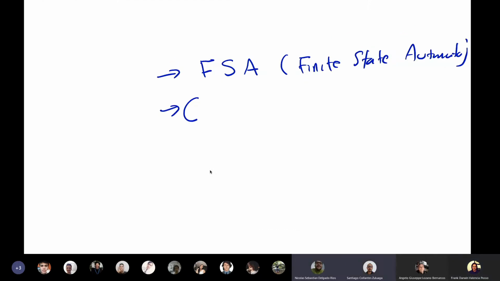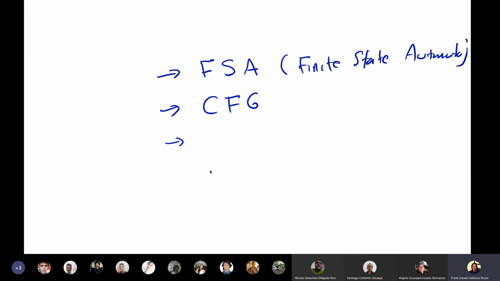Sí, ahorita sí. Bueno, entonces son tres grandes temas. Uno es los finite state automata. El otro es context free grammars.